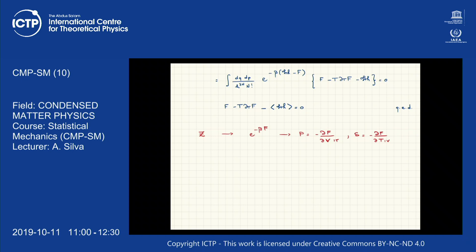Now, the canonical ensemble is an ensemble in which, unlike the microcanonical ensemble, I did not fix the total energy. So I'm not sitting in a thermos. It's slightly different.